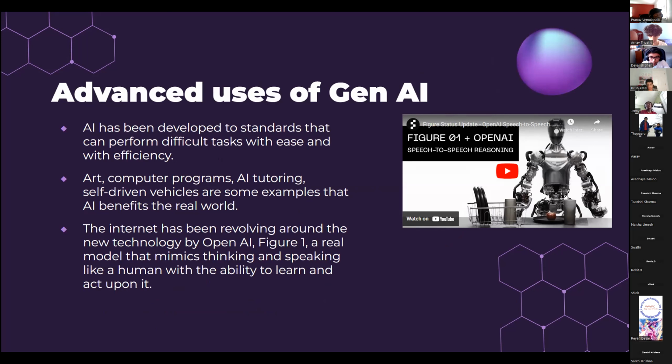They can build products really quickly, and that's why it's already incorporated in the world. But generative AI is something different that is just introduced in the past year. So this AI has been developed to standards that can perform difficult tasks with ease and efficiency.